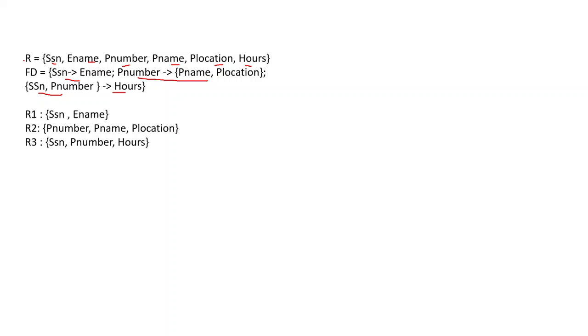Now we decompose R into three sub-relations R1, R2 and R3, where R1 consists of SSN and ename, R2 consists of pnumber, pname and plocation, and R3 consists of SSN, pnumber and Rs. We are to find out whether this decomposition is lossless or lossy.